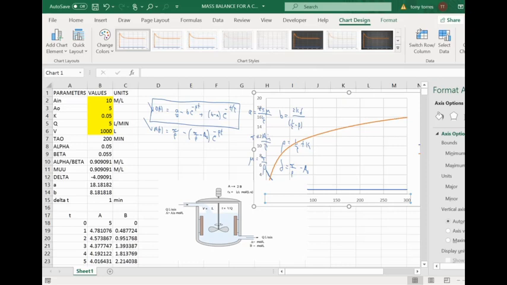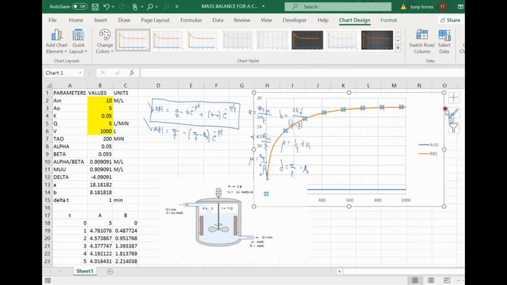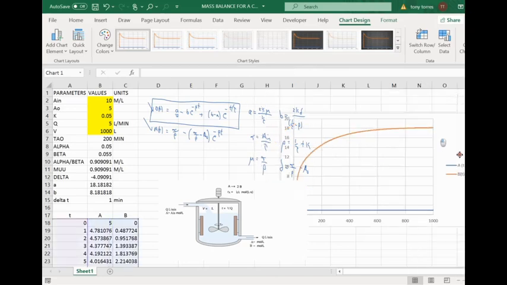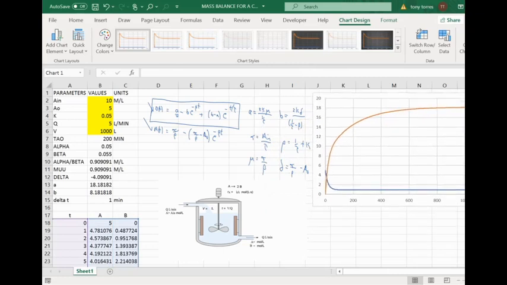I will have to increase this to, let's see, 1000 maybe. Yeah, there we go. Now I can see. Let me pull this from there. Yeah, it's just getting to a steady state value of about 18 moles per liter for B.